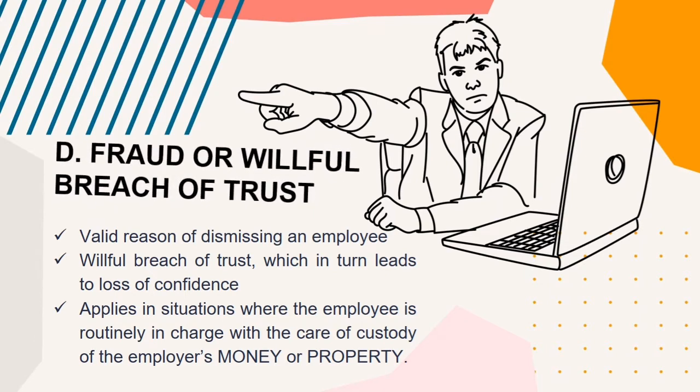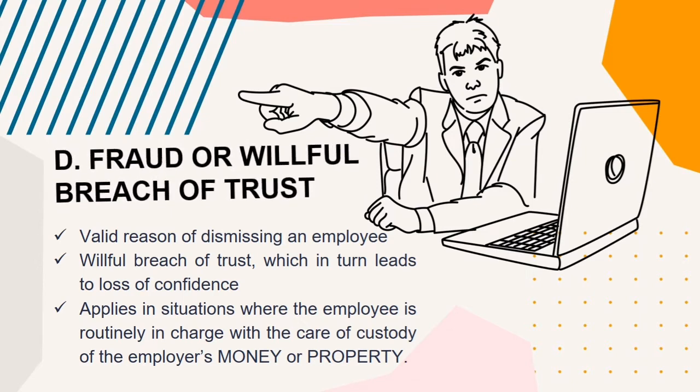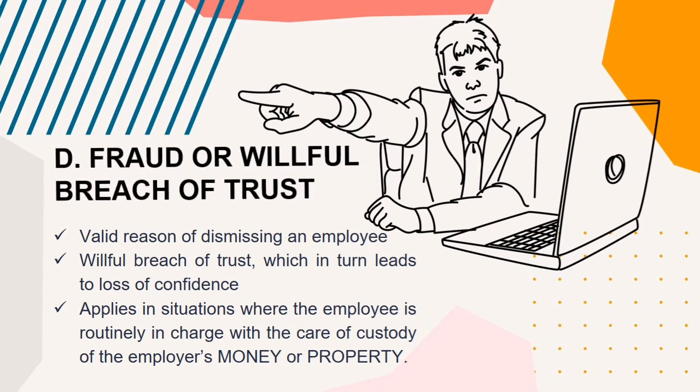And it must be committed against the employer or his or her representative, and must be in connection with the employer's work. So again class, this is a valid reason for dismissing an employee, such as theft, falsification of time card, or unauthorized use of vehicle. Then another is willful breach of trust, which in turn leads to loss of confidence.